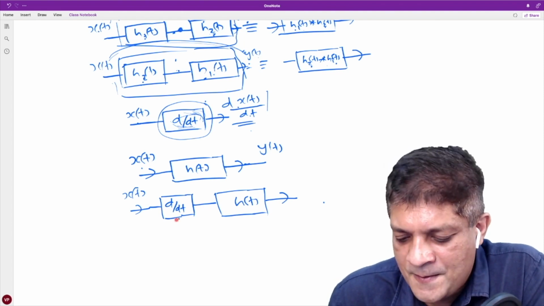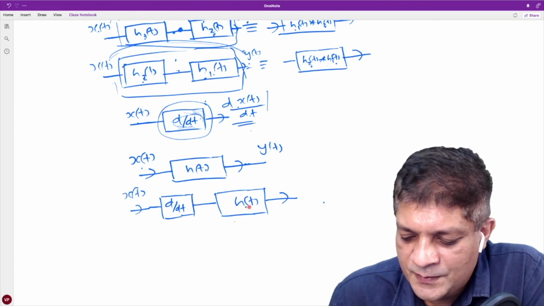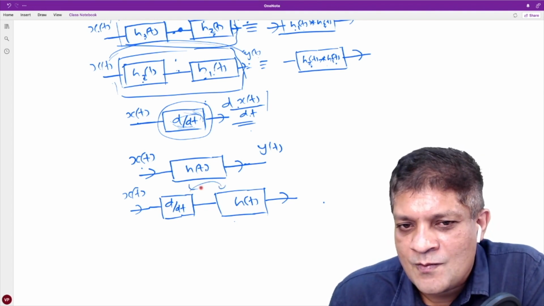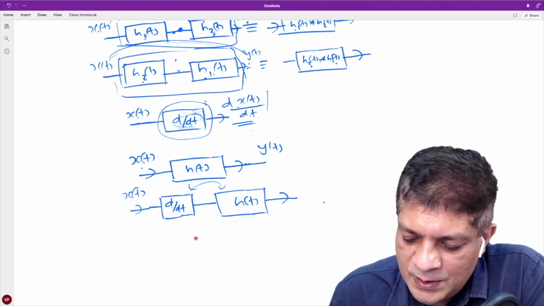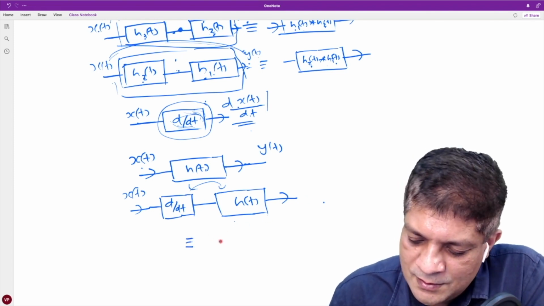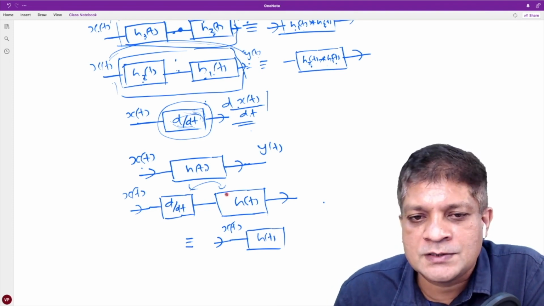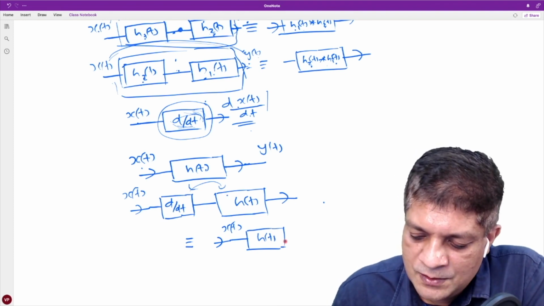Now can we interchange this order? Is this equivalent to x(t) first going through the differentiator, then h(t)? Because both are linear time invariant systems, we can interchange the order.